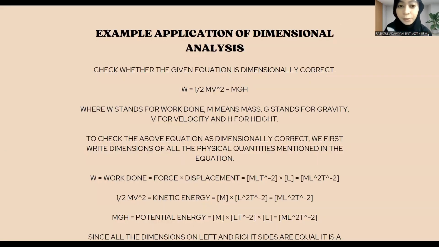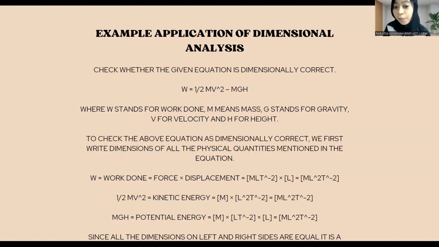So let's continue with an example application of dimensional analysis. The question is, check whether the given equation is dimensionally correct or not. So, W equals 1 over 2 mv to the power of 2 minus mgh, where W stands for work done, m is mass, g stands for gravity, v for velocity, and h for height.